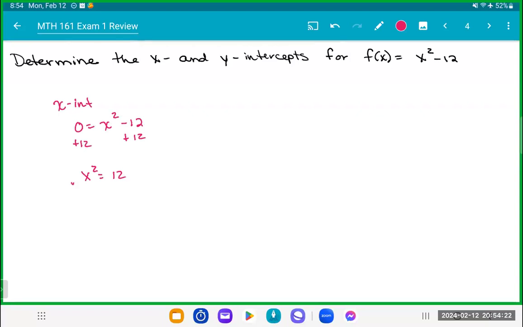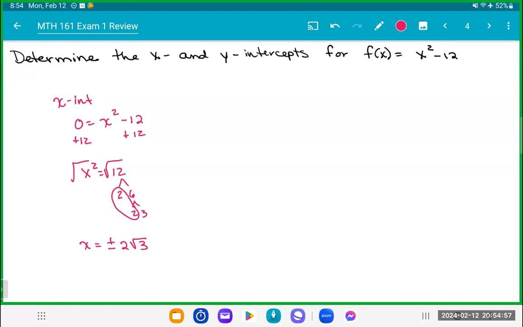Now take the square root of both sides, and x is equal to plus or minus the square root of 12. I like to always break this down: 12 is 2 times 6, and 6 is 2 times 3. For every pair of 2s, I get to pull 1 outside of the radical. So x is equal to plus or minus 2 square roots of 3.